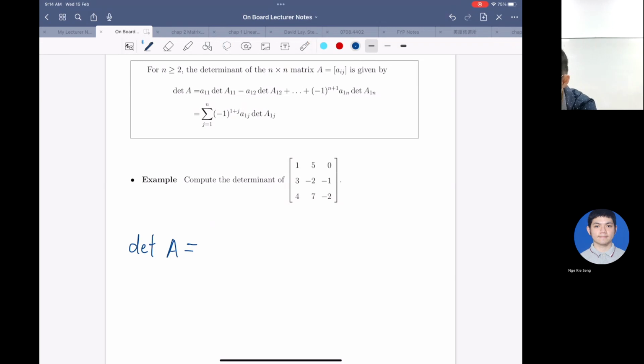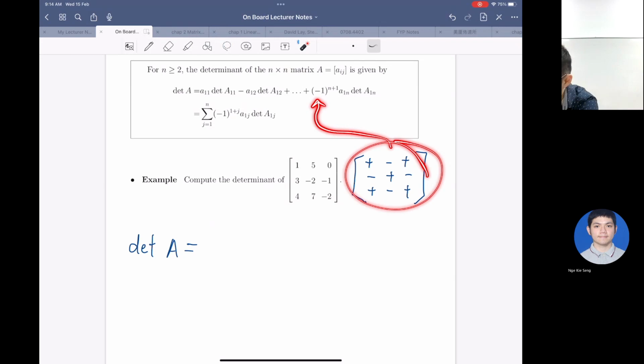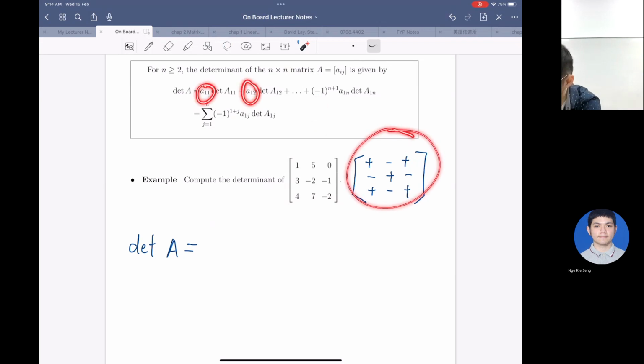What I taught last time is how to determine the sign: you set out plus, minus, plus, minus, plus, minus, plus, minus, plus, and this plus or minus corresponds to the sign we take for Aij here.